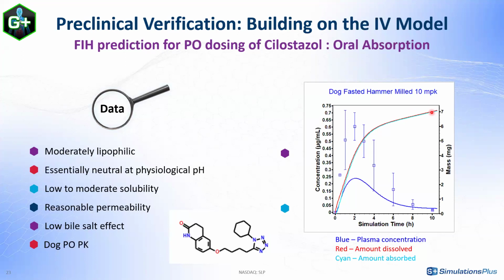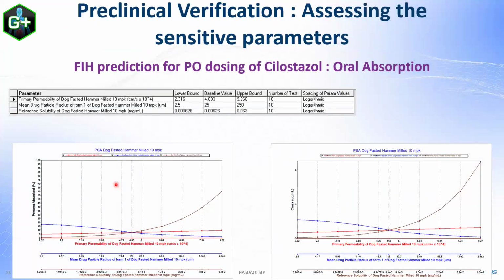Assessing the sensitive parameters could give an insight into which of the components of dissolution are required to fit the model, and it could also guide the generation of additional measured data if required. So here you can see we've set up a PSA, or a parameter sensitivity analysis within GastroPlus.